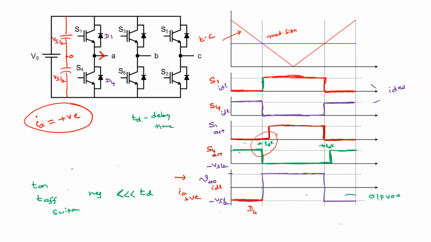So during this first delay time, no device is conducting. So what will happen? To make the current continuous, the previous conduction repeats. That means the diode starts conducting. Agree? The diode is still in conduction, right?